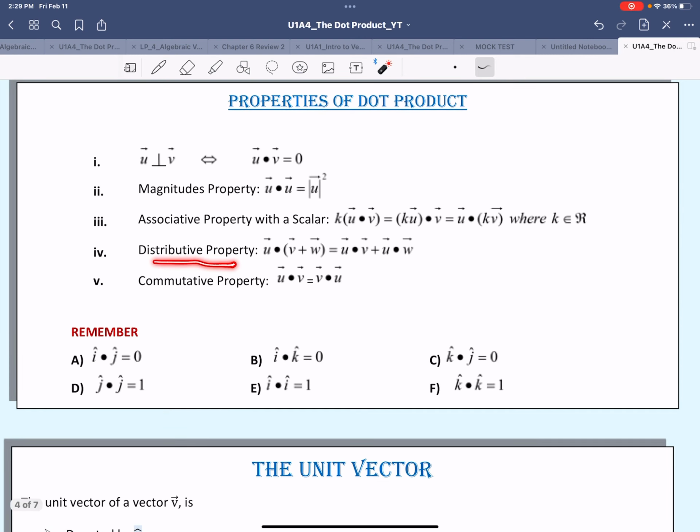The distributive property states that if we have a vector and we are dot producting it with the sum of two vectors, it works just like in expanding polynomials, so u dot v and then u dot w, so you add. The commutative property states that if you find the dot product of two vectors, it doesn't matter in which order you multiply them, so u dot v and v dot u will give the same answer.